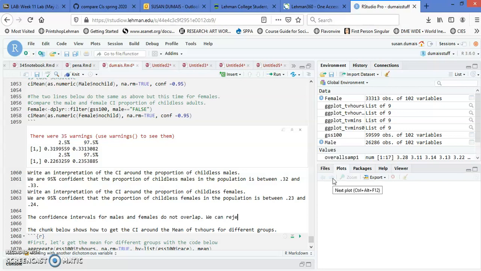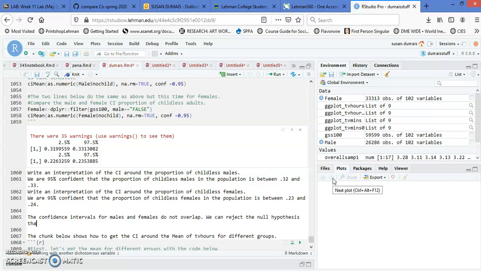We can reject the null hypothesis that there is no difference between males and females.